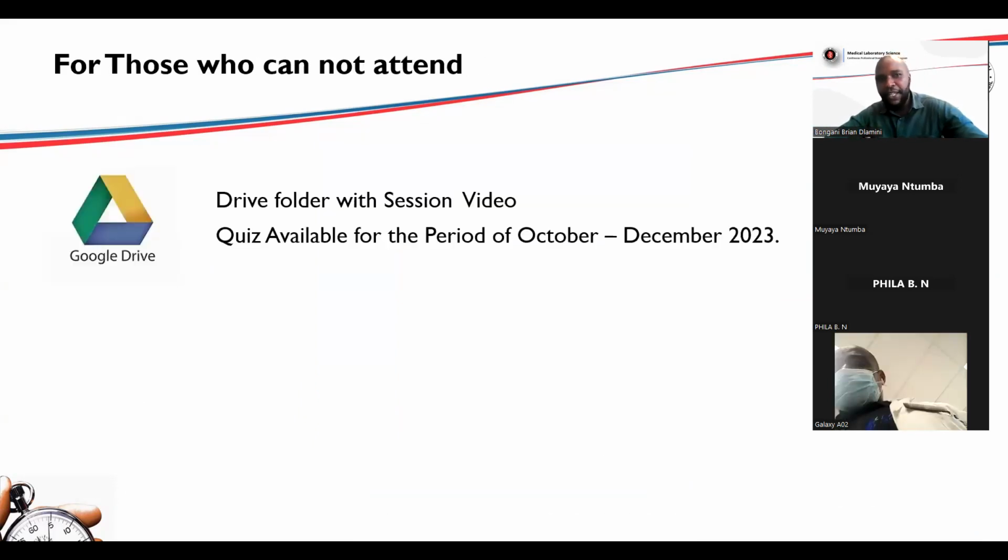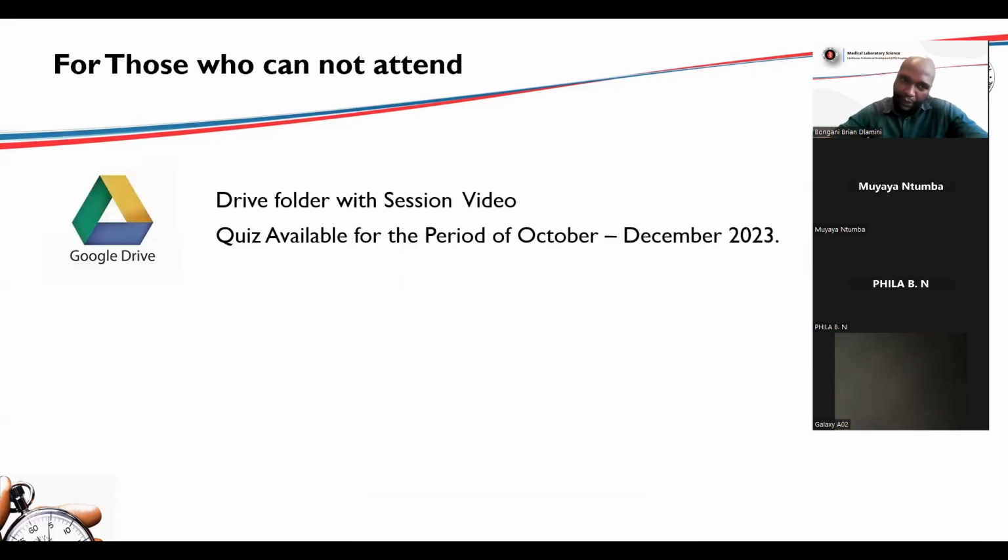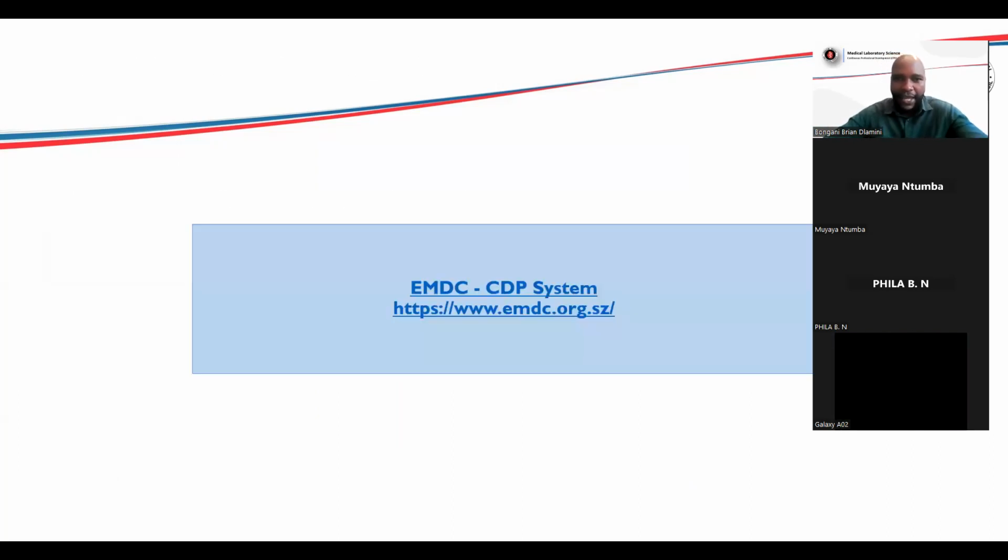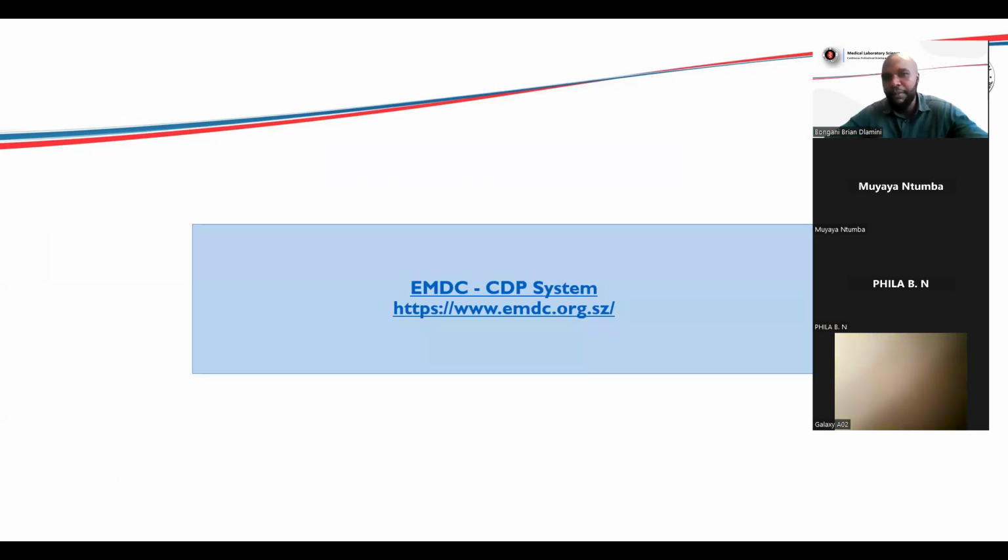For those who might not be able to participate, we are still trying to test this process. We have the video recordings available, whereby I will also share the Google Drive folder at a later stage. And also to add, we have a digital system through this website, emdc.org, but I will introduce the system to you at a later stage of the CPD system implementation.